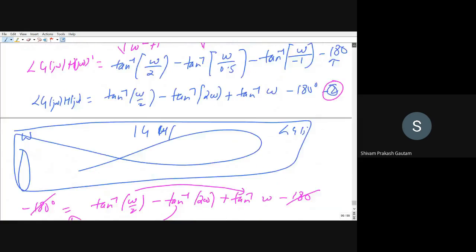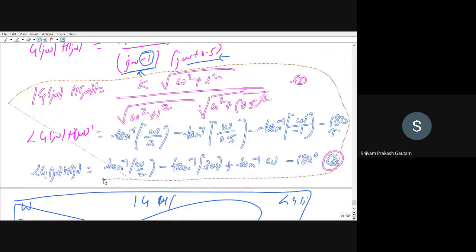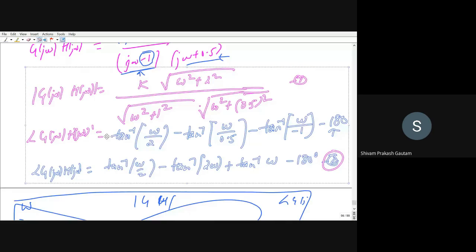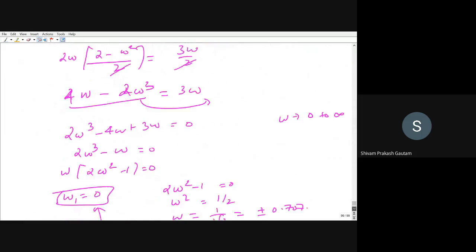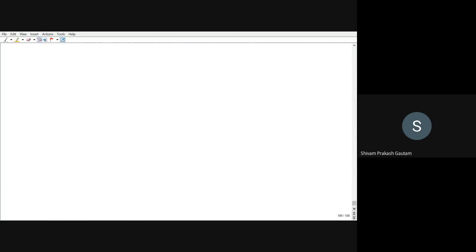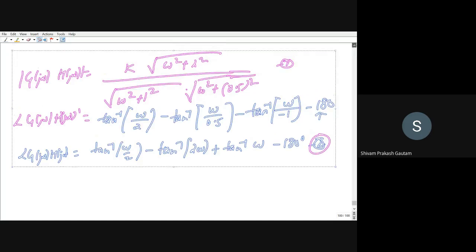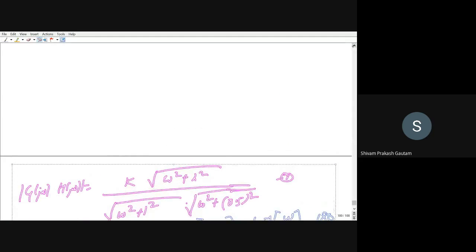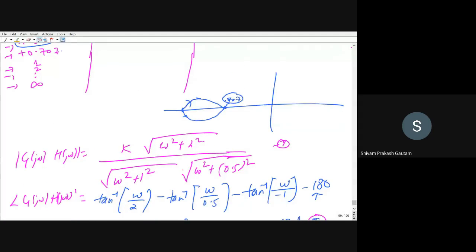Let me just copy this. If you put omega equal to 0 in equation number 1, what will you get?